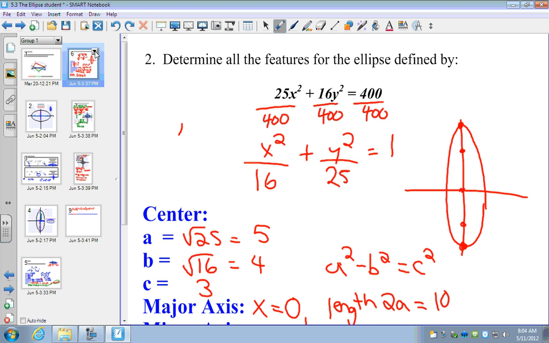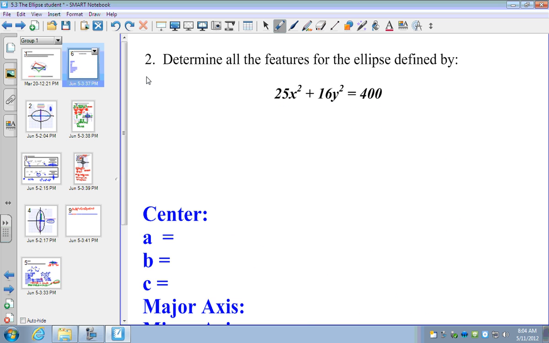For some reason, I forgot to clear all my ink. Okay. It says determine all the features for this ellipse. So first of all, before we can do anything, we need to get our form so it's x squared over a squared, or x squared over b squared, plus y squared over something equals 1. So in order to get it to do that, I need to divide everything by 400.